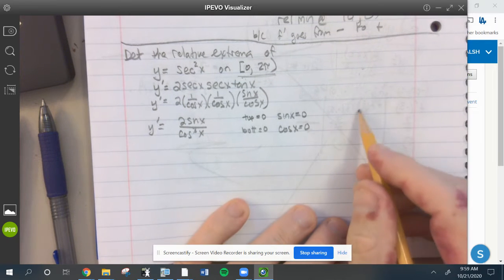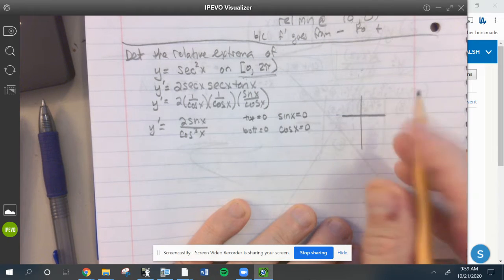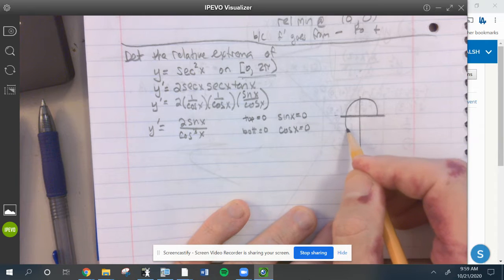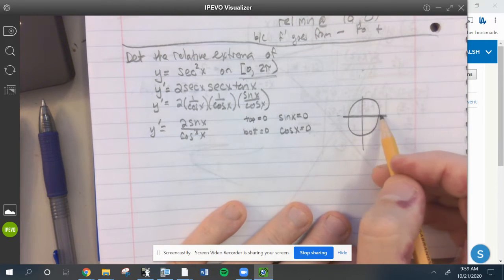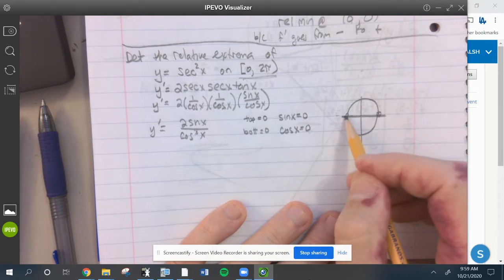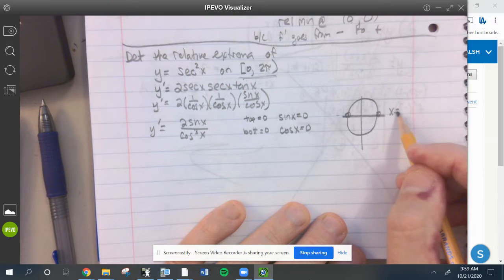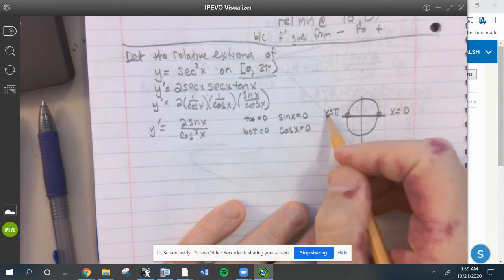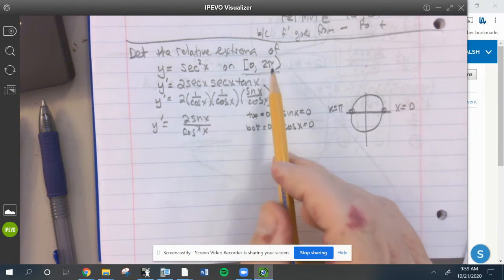So sine is 0, and remember, we're going from 0 to 2 pi. Sine is 0 when y is 0, so here and here. So that's x equals 0, x equals pi. Also 2 pi, but we're not including 2 pi.